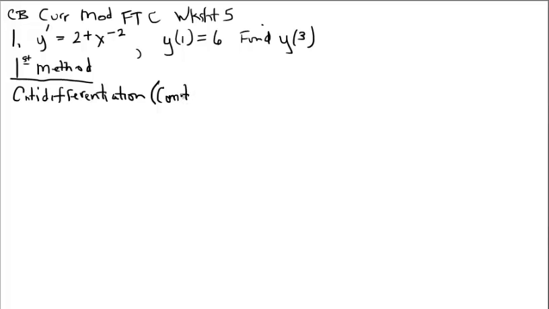Before we had the FTC constant here, we found an antiderivative, we added the plus c, and what we could do then, with this method, is evaluate the antiderivative at x equals 3. So this is our input at x equals 3. So let's see what that looks like.